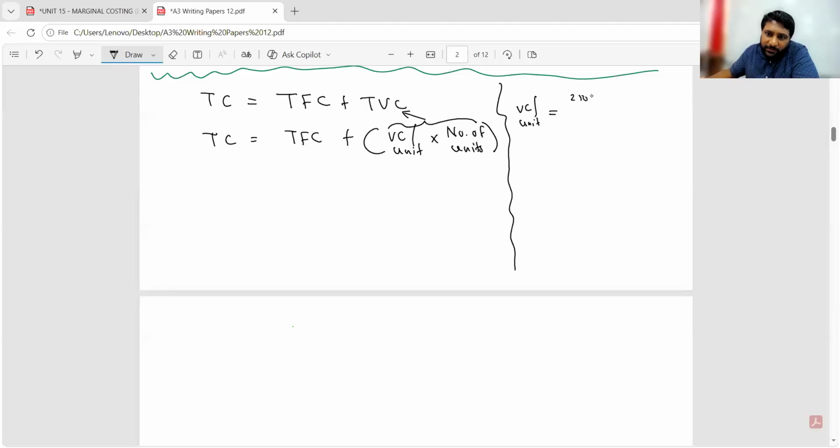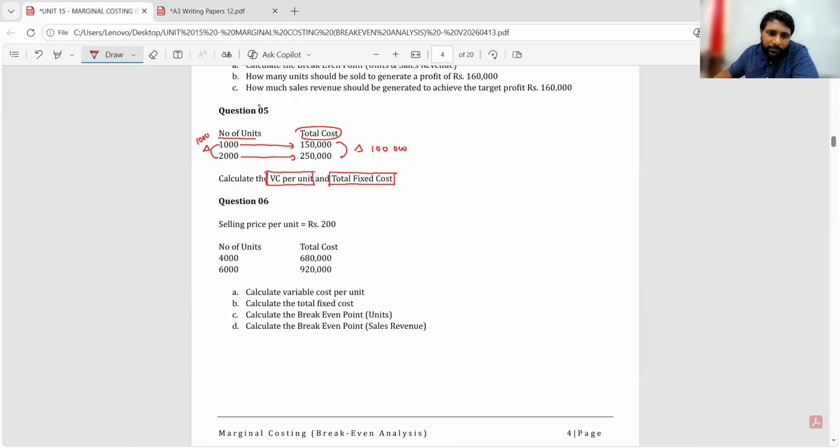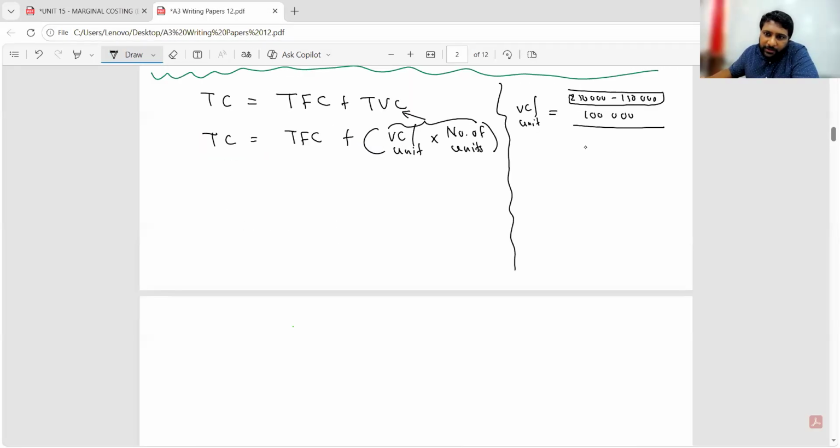250,000 minus 150,000, that is 100,000, divided by the number of units, 2000 minus 1000, which is 1000.